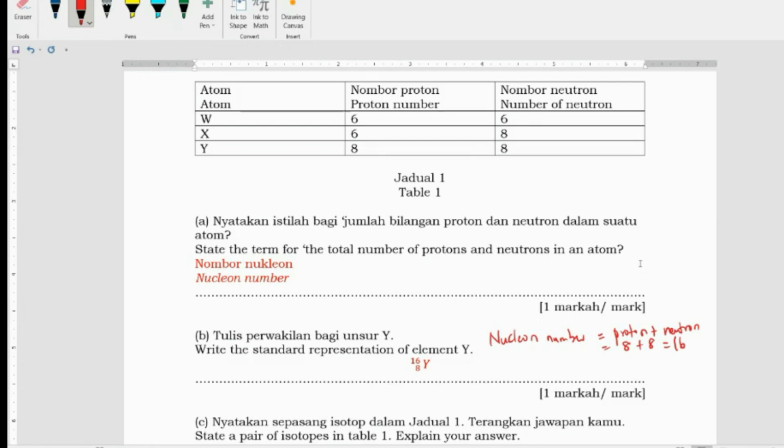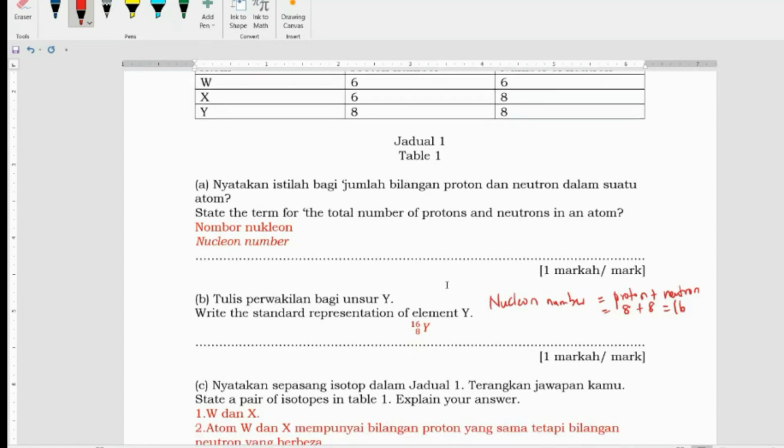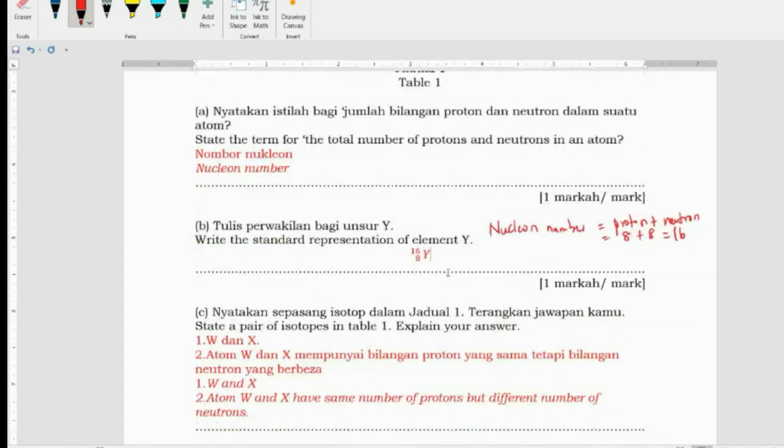Because W and X have the same number of protons but different number of neutrons. Okay, very good. Correct. 2 marks. W and X have the same number of protons but different number of neutrons.